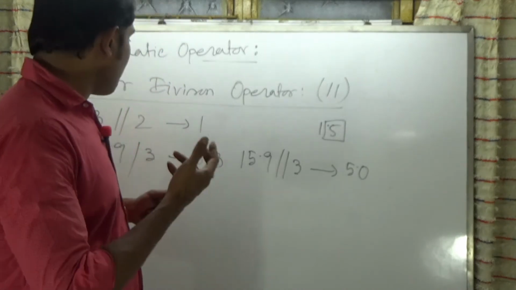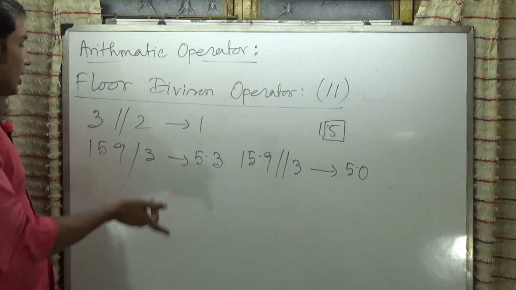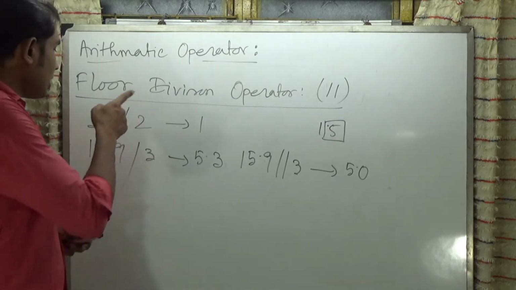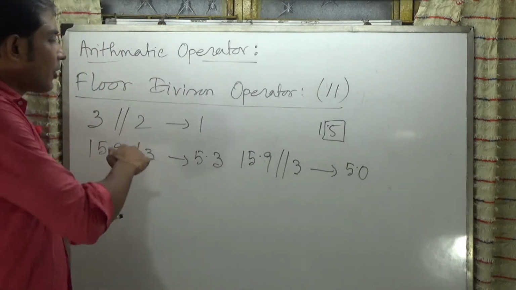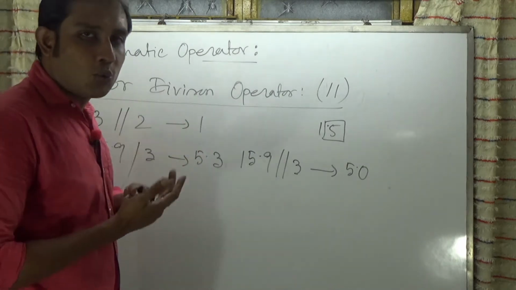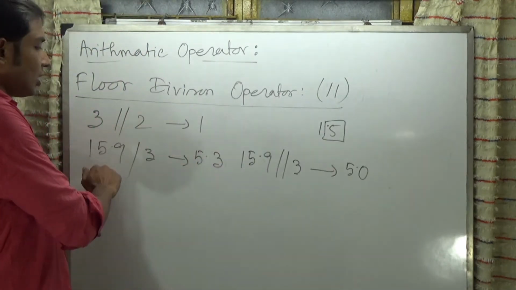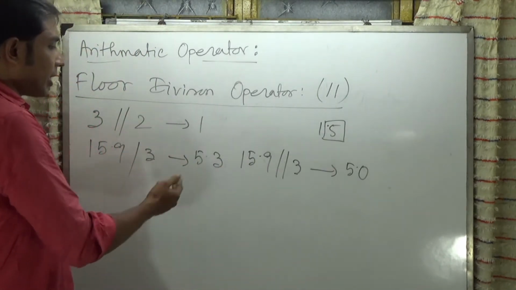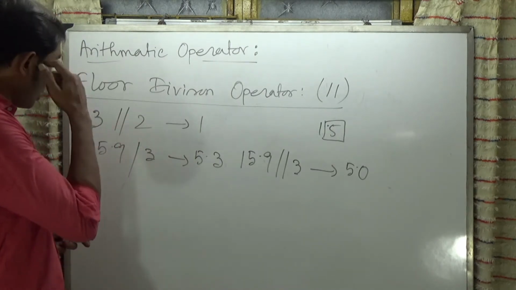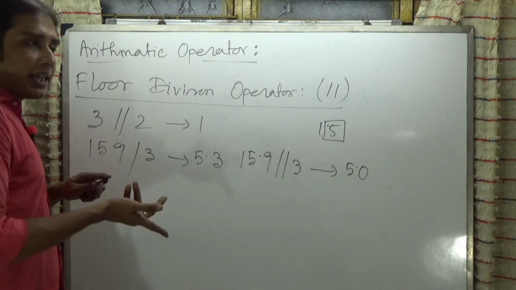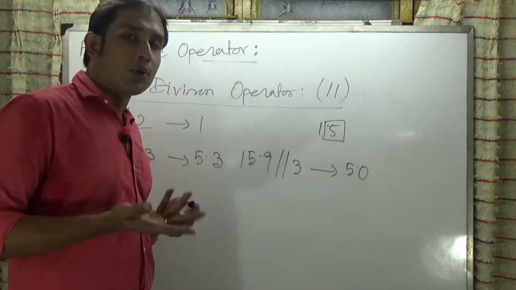The basic reason is that in floor division, if the values provided in the operation are integer type, the output will be of integer type. And if either of the values on the two sides is of float type, then the result will be generated in float type.